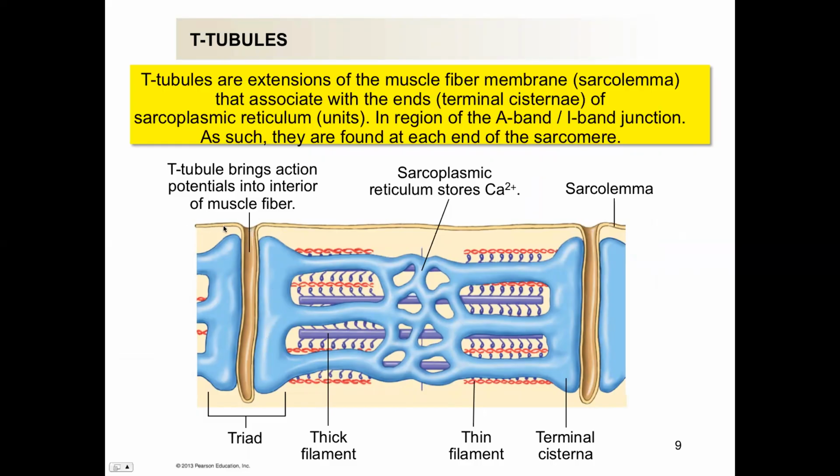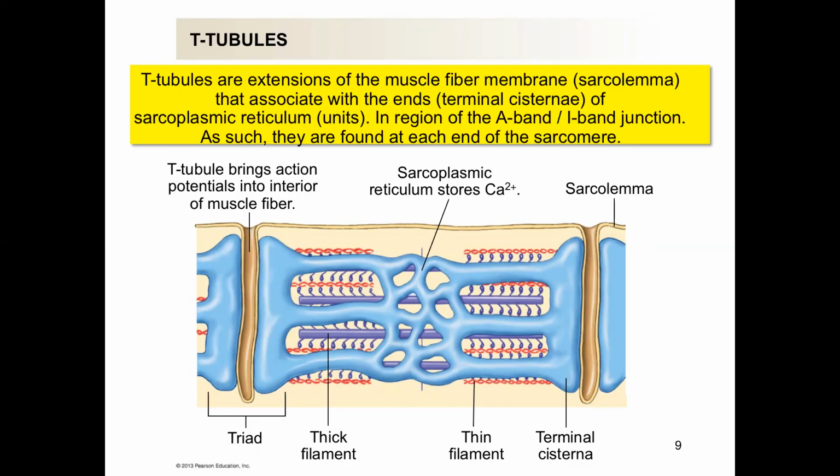Now these T-tubules, what they do is they allow for an action potential to penetrate deep into the muscle cell. So what's an action potential? Well, basically, in order for a muscle to contract, it needs to get a stimulus from a neuron, right? And that neuron, as you probably know, transmits electrical stimuli. And that electrical stimulus is transferred to a muscle fiber or muscle cell using a neurotransmitter.